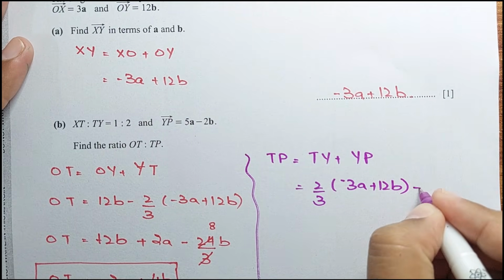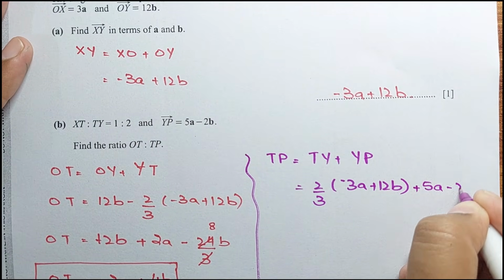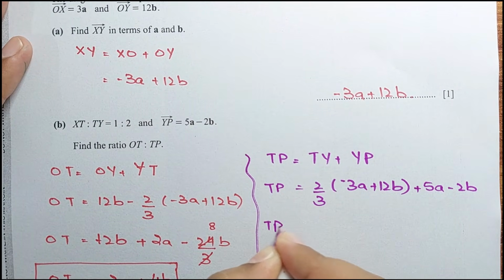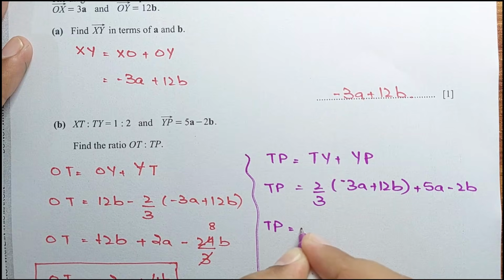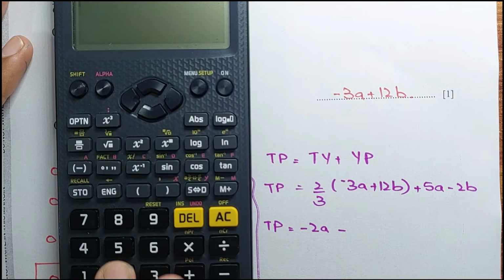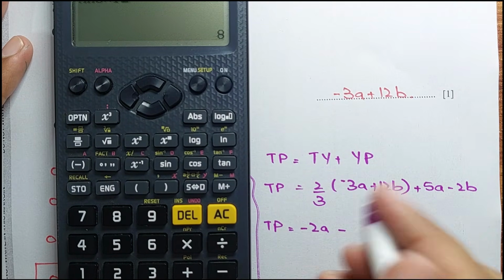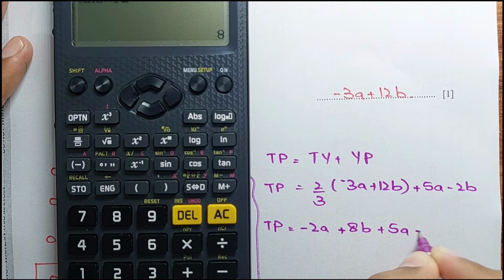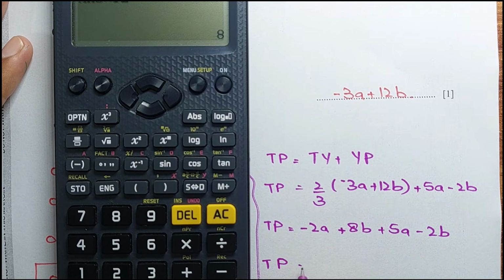Okay, 5a minus 2b. TP, 3 is cancelled with 3, minus 2a, and 2 by 3 times 12, sorry, 2 by 3 times 12 is plus 8b plus 5a minus 2b. Okay, so TP is 5 minus 2 is 3a, 8 minus 2 is 6b.